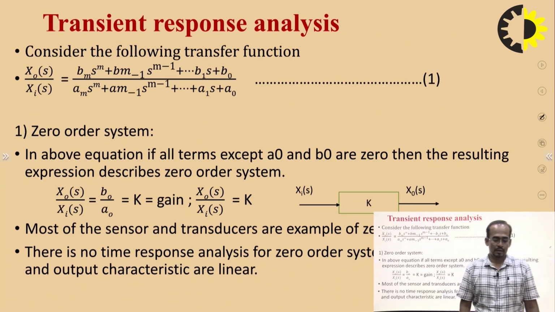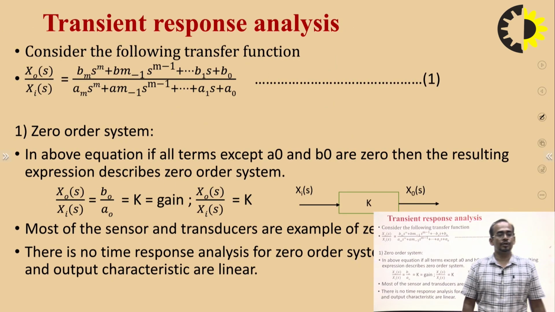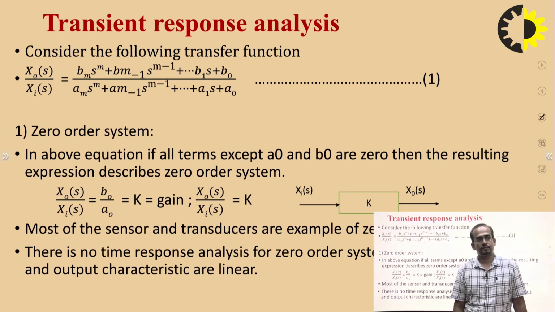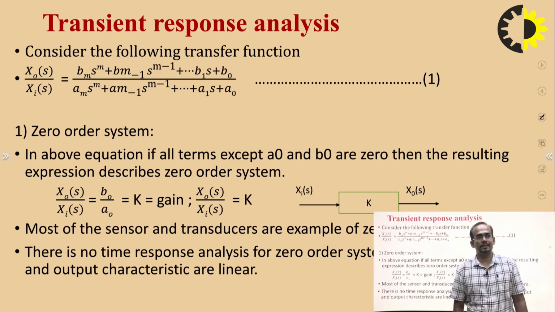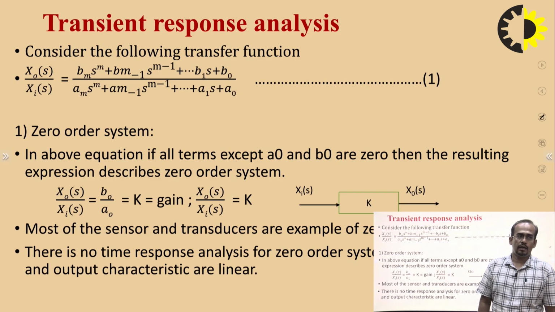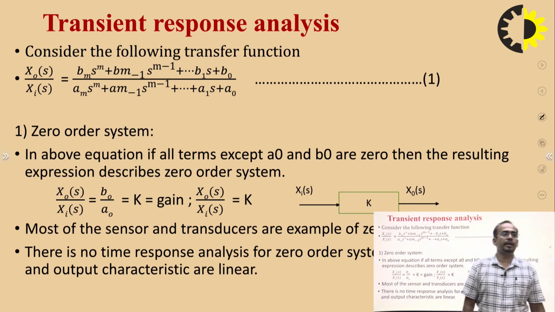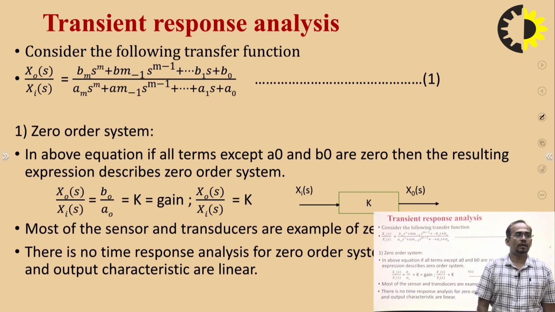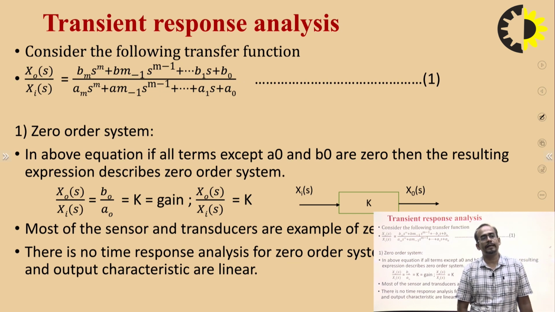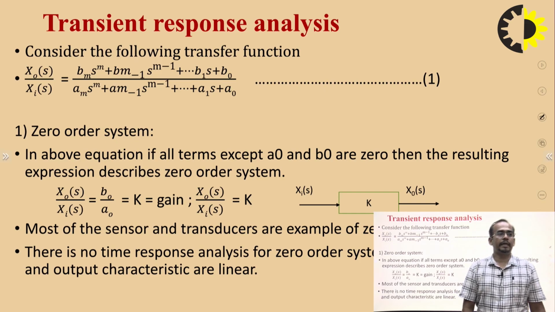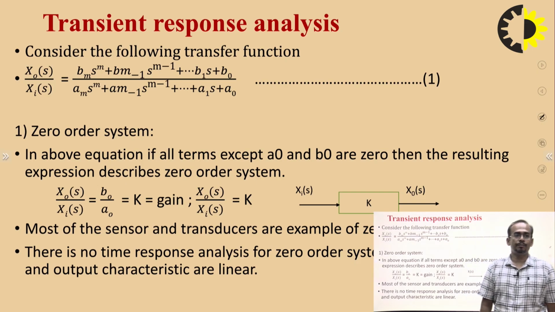Now coming to the transient response analysis. In transient response analysis, we will consider the transfer function, and we can find the zero order system using this equation, or you can write directly x naught by xi is equal to b naught by a naught, where x naught is the output and xi is the input.